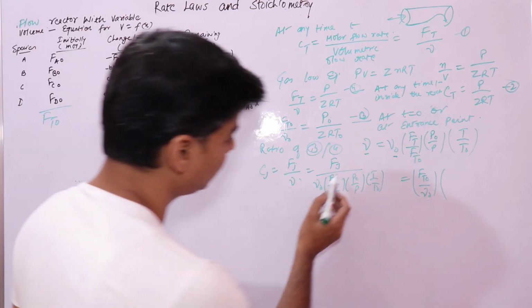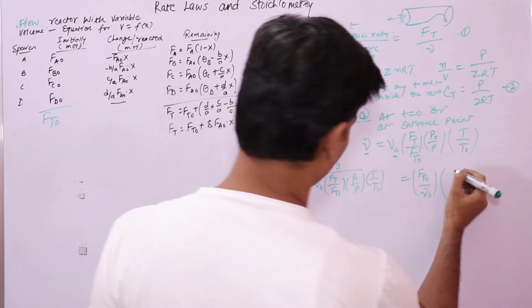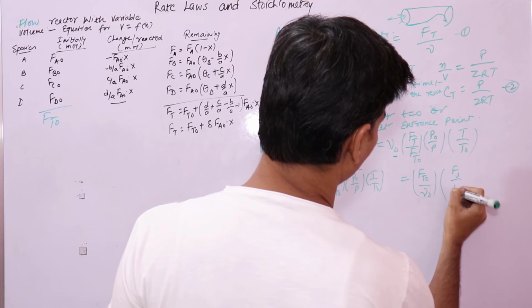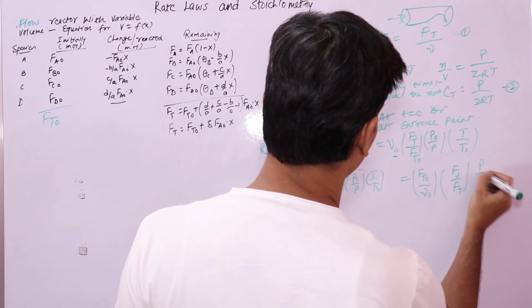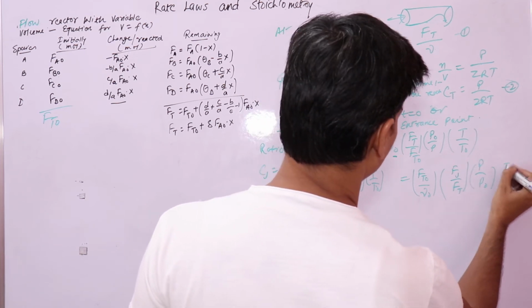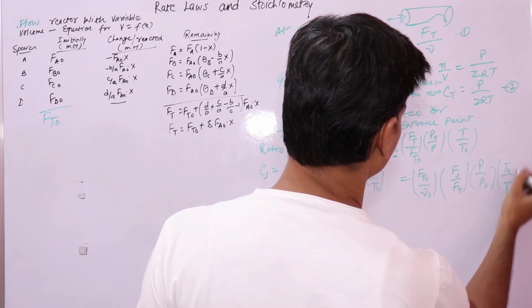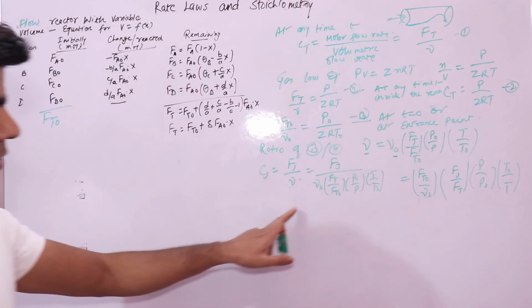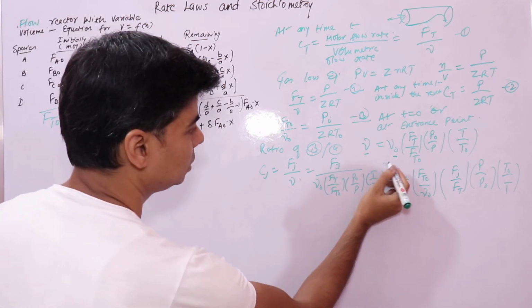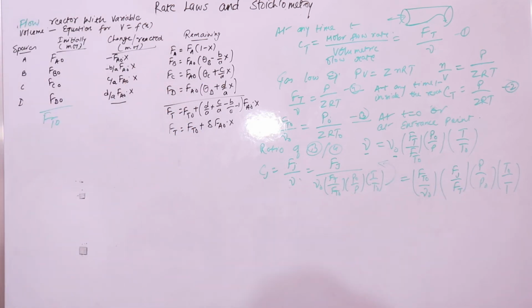And Fj upon Ft, P upon P0, T0 upon T, right? If you take all these above, this is what you will get.